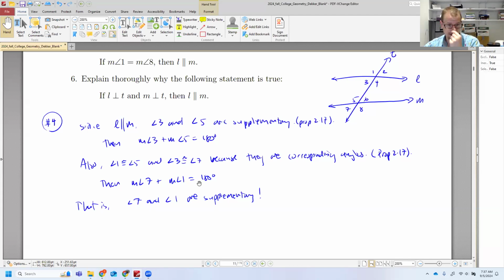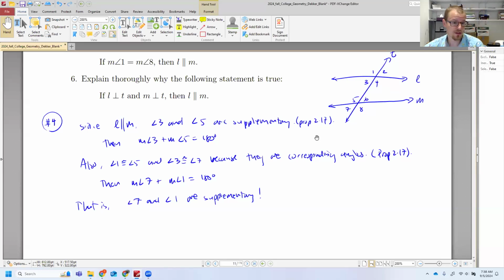Now this is where it gets a little bit interesting. I can't use that this angle in that one and this angle in that one are congruent, because despite being corresponding angles, they're only congruent if I know that L and M are parallel. What I actually have to use is that angle 5 and 7 and angle 1 and 3 are linear pairs. That gives me that the measure of angle 5 plus the measure of angle 7 is 180, and the measure of angle 1 plus the measure of angle 3 is 180.